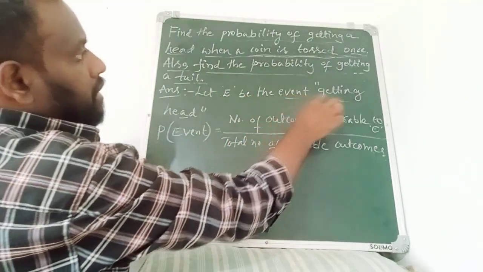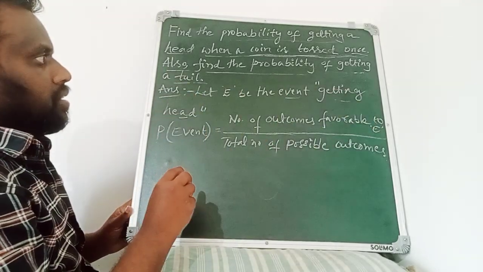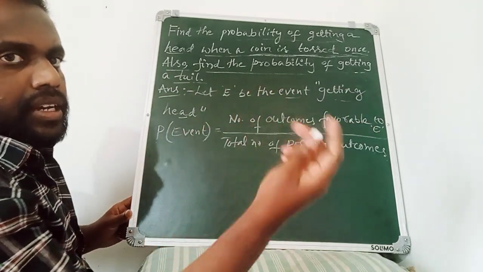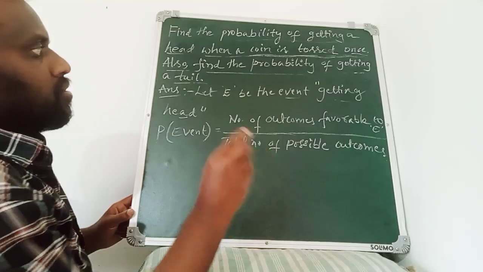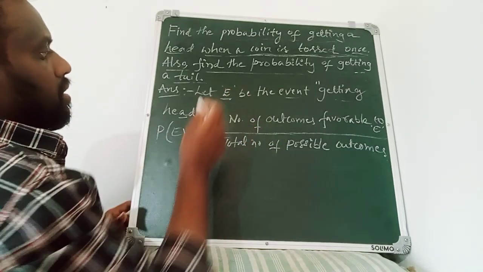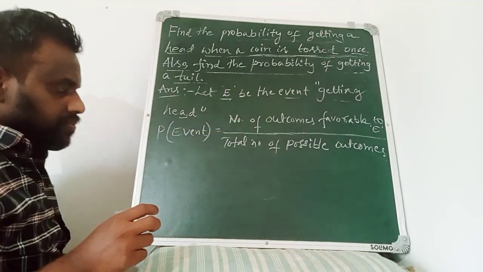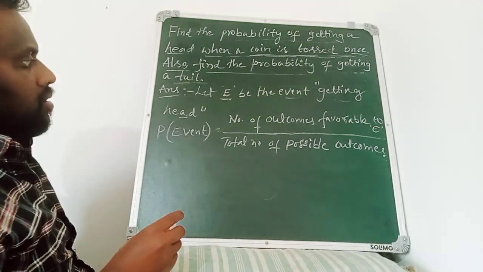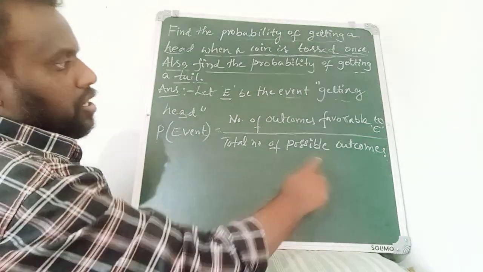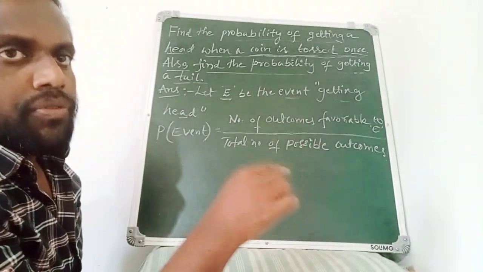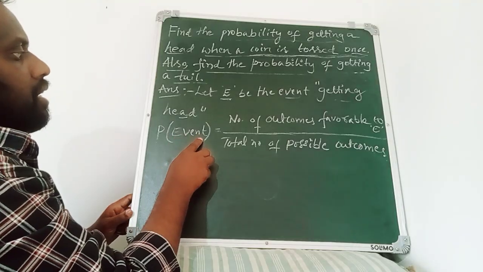Let E be the event of getting head. So getting head is an event, so we will take it as E, probability of event E. Here is the general formula for probability of any event.